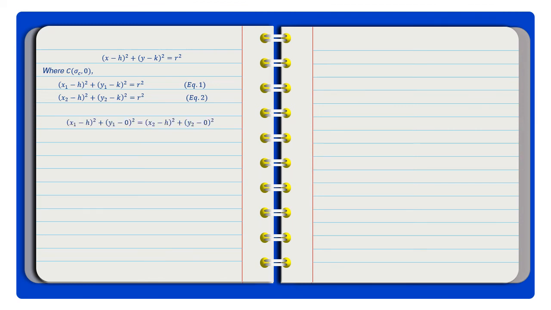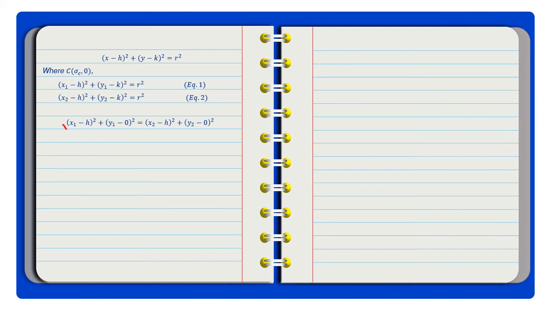So, equate natin yung dalawang equation, yung equation 1 and 2. So, since r squared naman silang dalawa, so pinag-equate na natin silang dalawa. So, we may have x sub 1 minus h squared plus y sub 1 minus 0, since 0 yung ordinate ng center, squared is equal to x sub 2 minus h squared plus y sub 2 minus 0 squared.